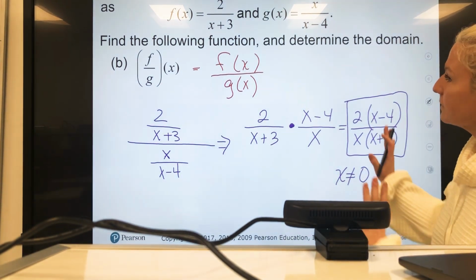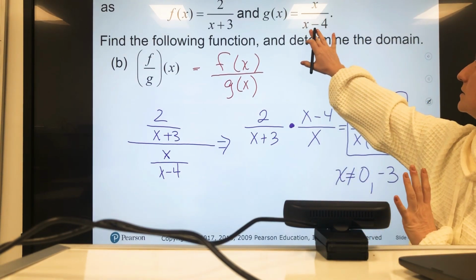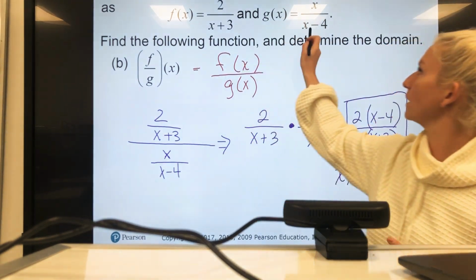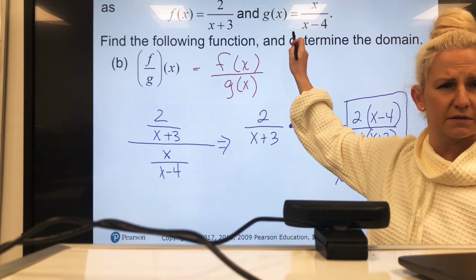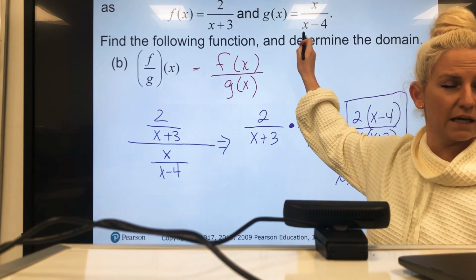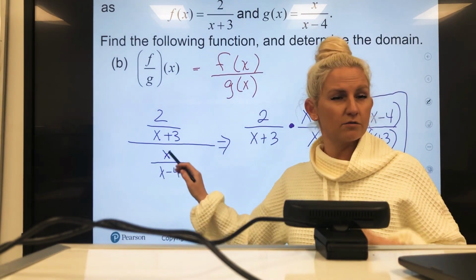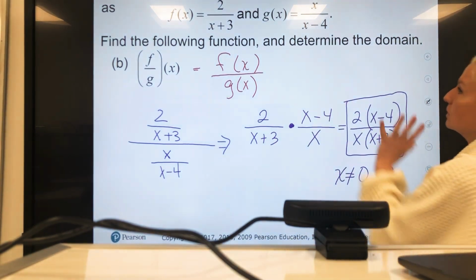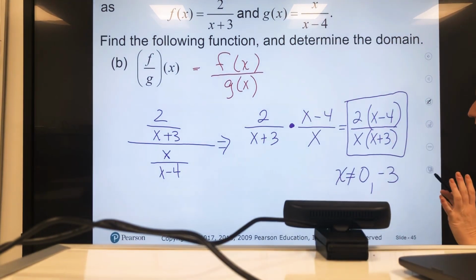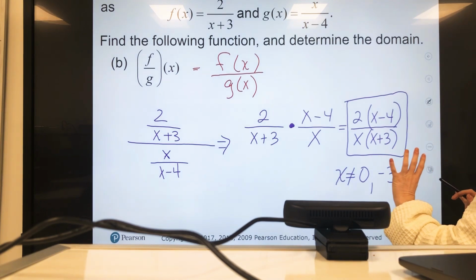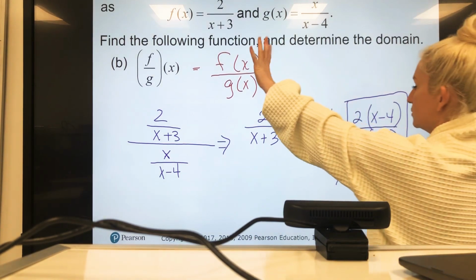But you also have to think about the original functions, right? Because what if x were 4? What would happen? Yeah, then this wouldn't be good over here, right? So you still have to look at your original, the g of x also, okay? So make sure you check f of x and g of x.